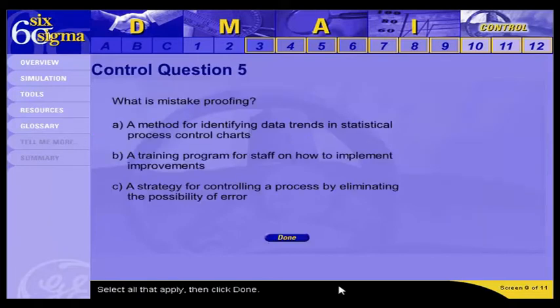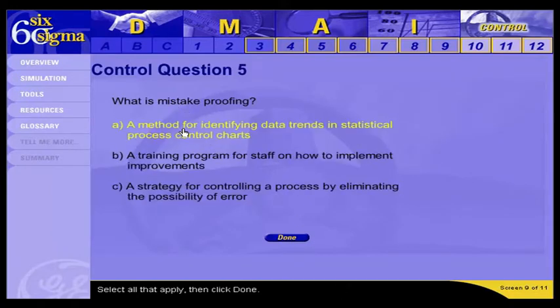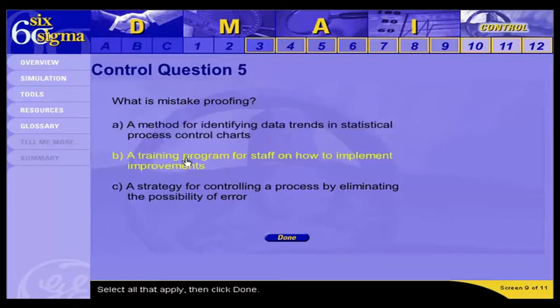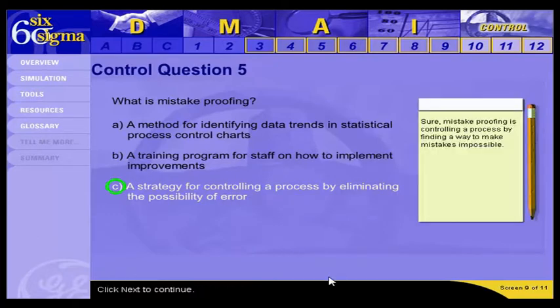What is mistake proofing? Select the best description. Sure. Mistake proofing is controlling a process by finding a way to make mistakes impossible.